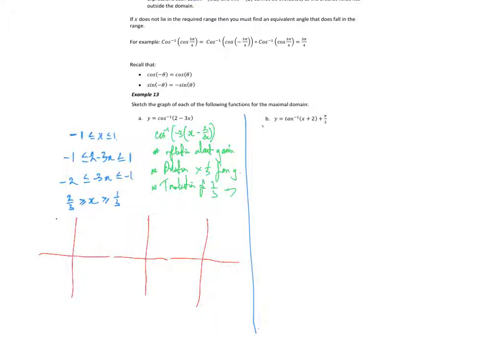Original graph, let's put it in. So we've got 1, -1, 0 to pi. And if we reflect that about the y-axis, first thing I'm going to do is go something like that, still at -1 to 1.